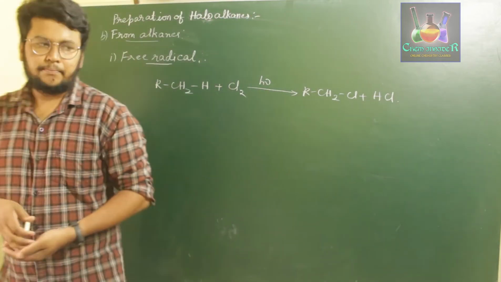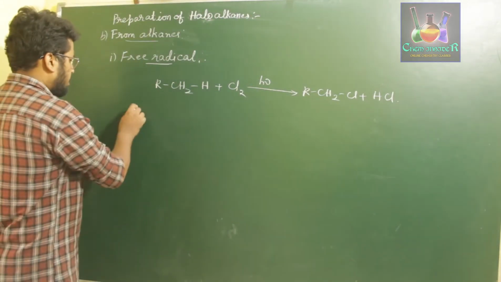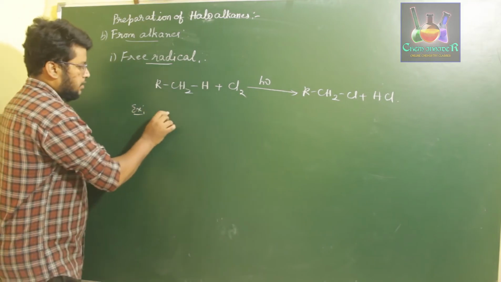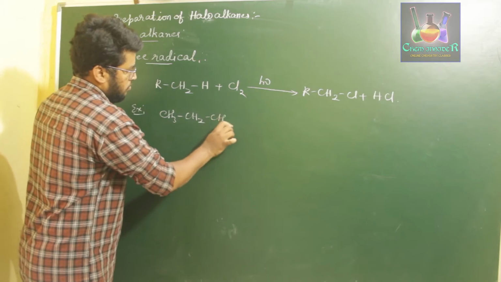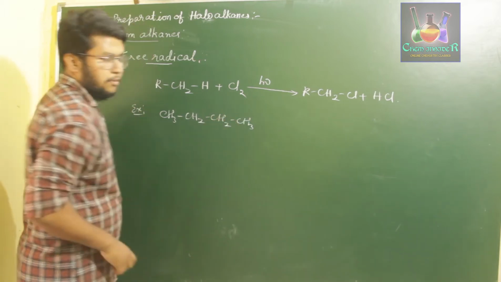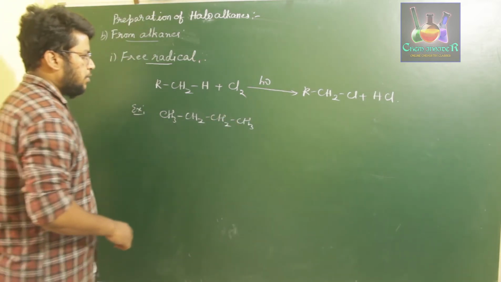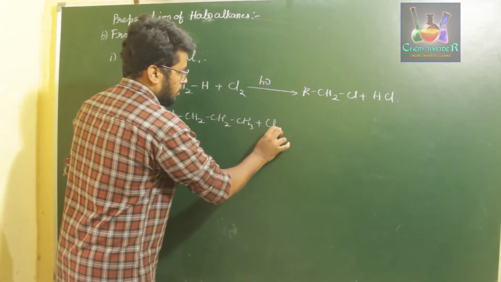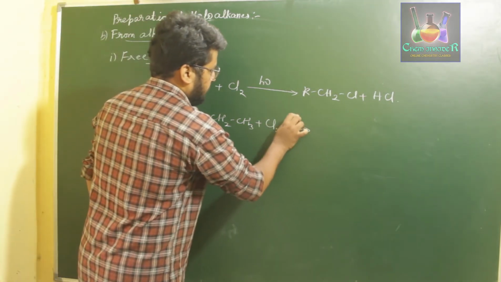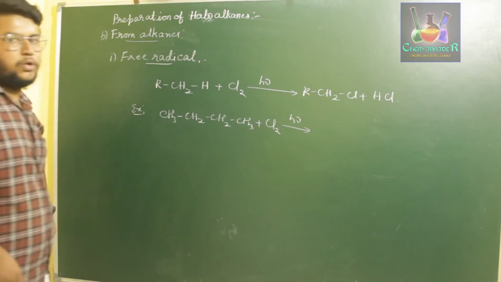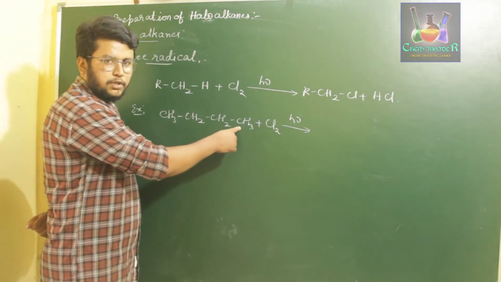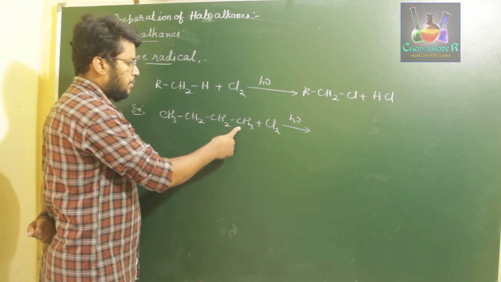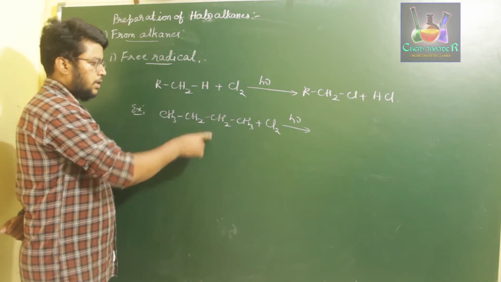Let us consider an example. If you are treating CH3CH2CH2CH3, so this is our n-butane, with chlorine in presence of sunlight, what we observe is we get more than one compound. It might be substituted at the terminal carbon, or it may be substituted at the non-terminal carbon.